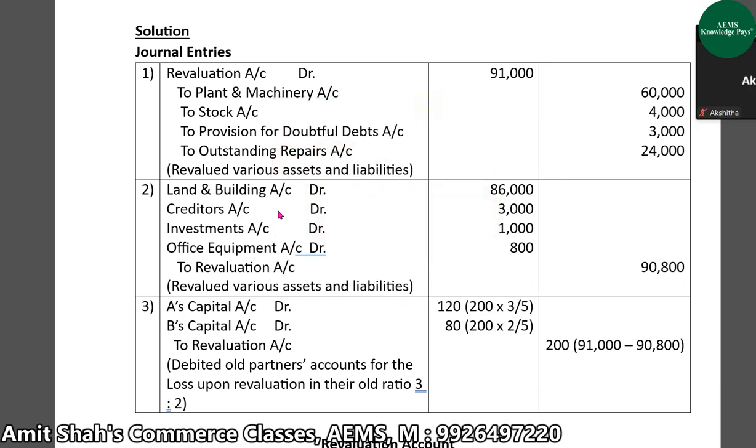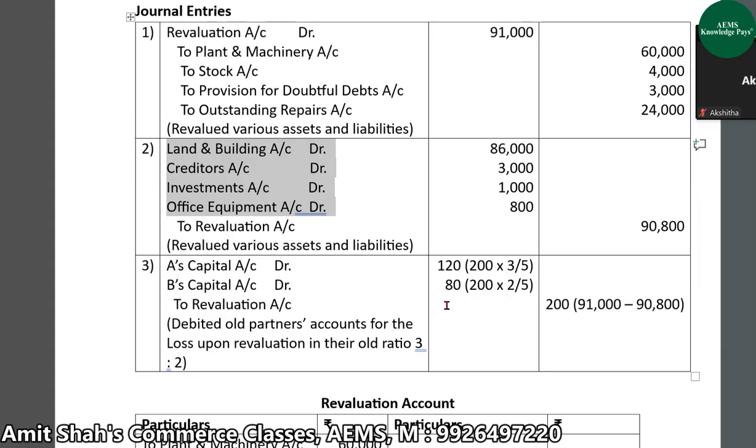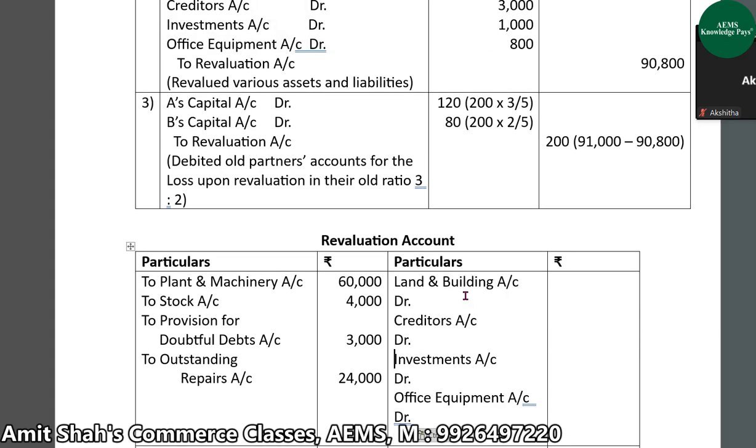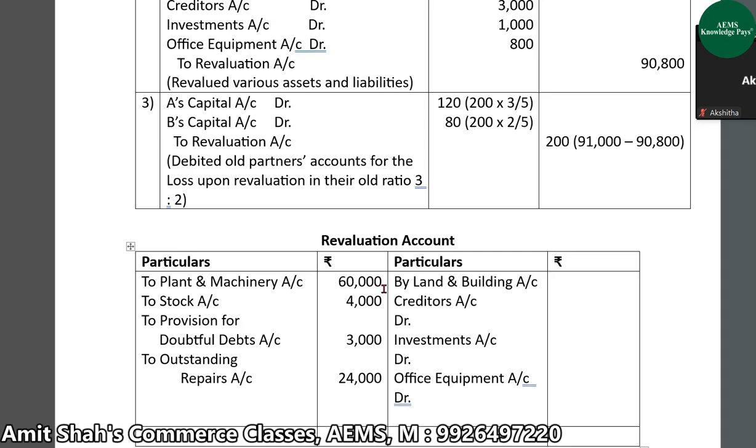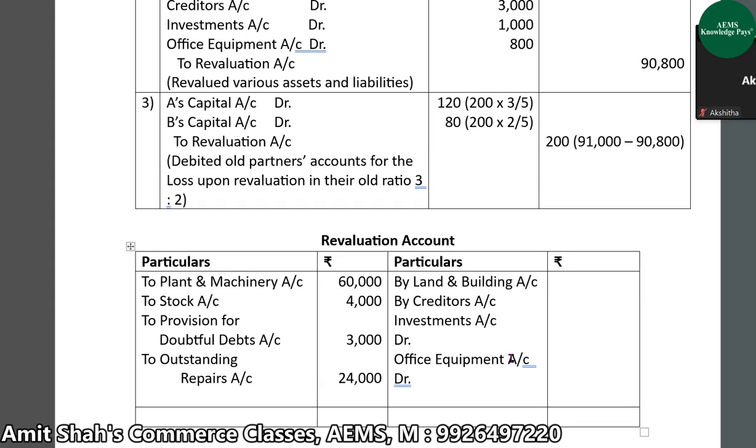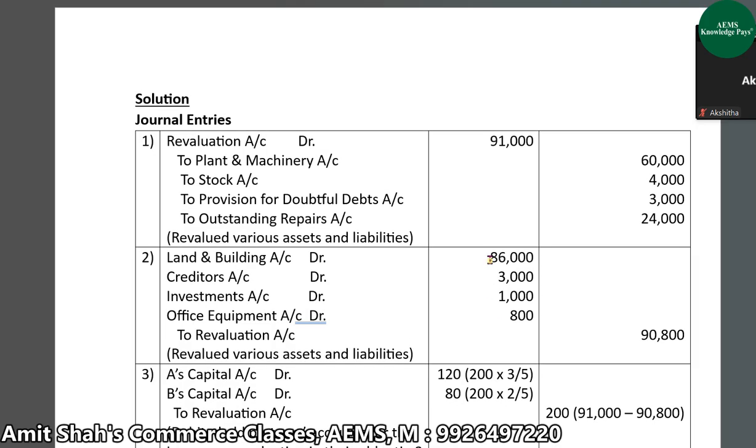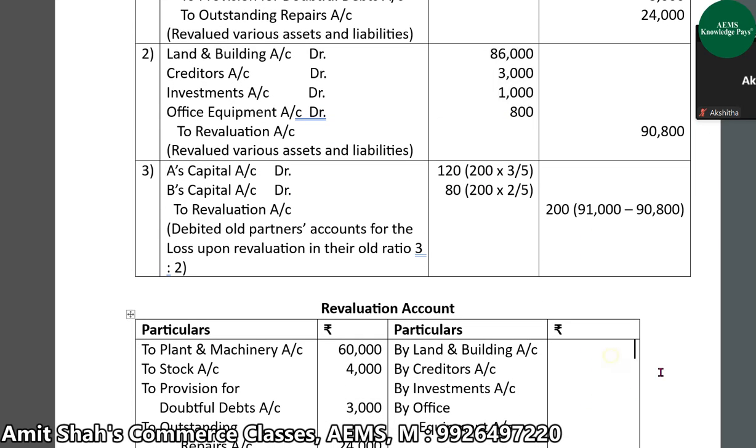Yes, sir. Okay, on the credit side of revaluation account, we will write land and building account, creditors account, investments account, and office equipment account, with their respective values, that is 86,000, 3,000, 1,000 and 800.